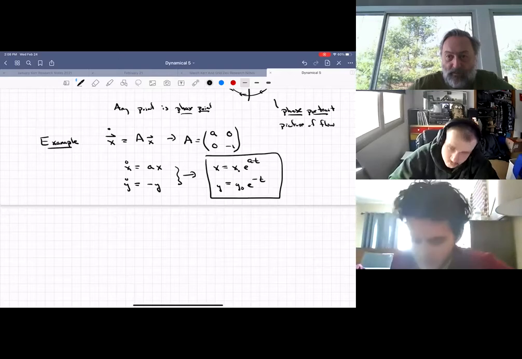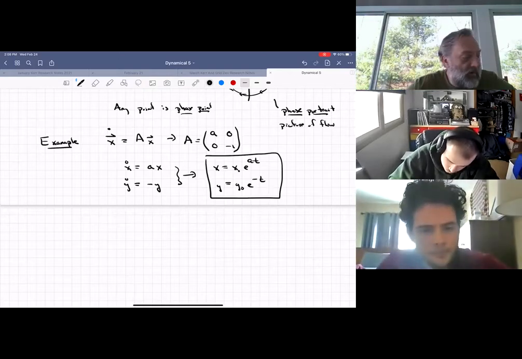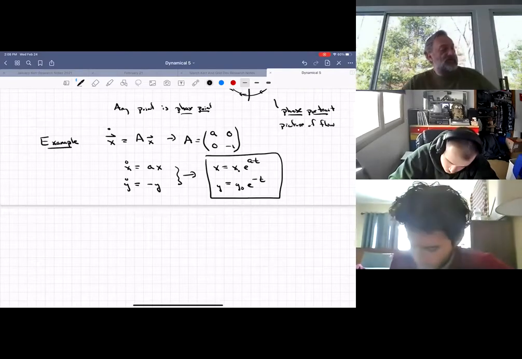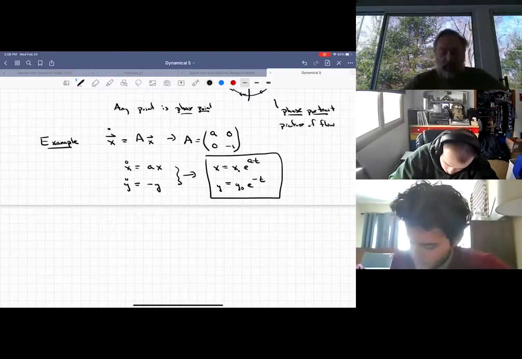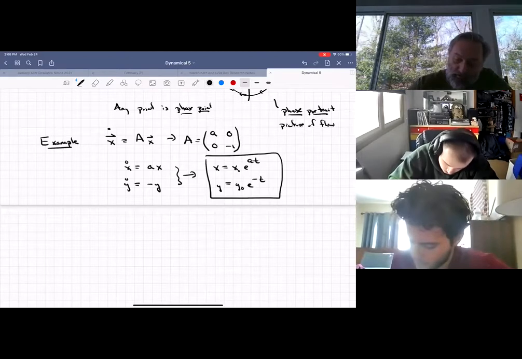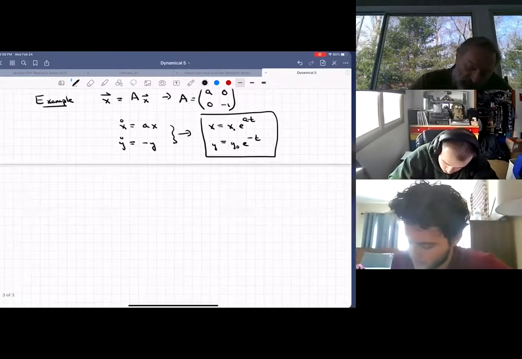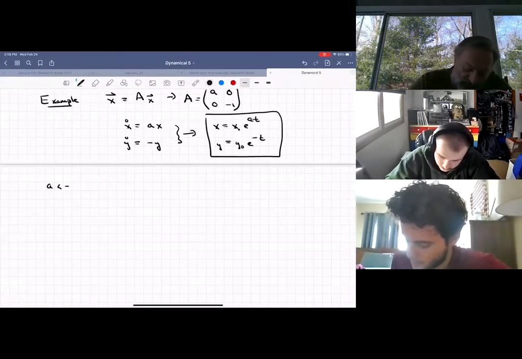Okay. But now I want to think about what the phase portrait might be at different values of the parameter A. Okay, so let's suppose that A is less than -1.